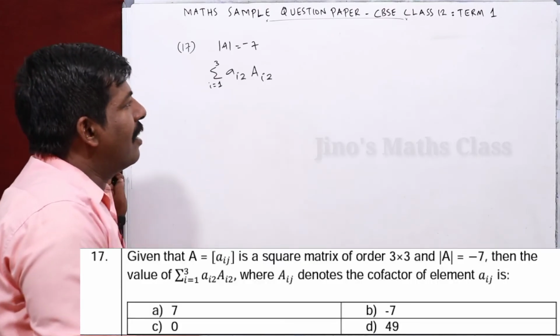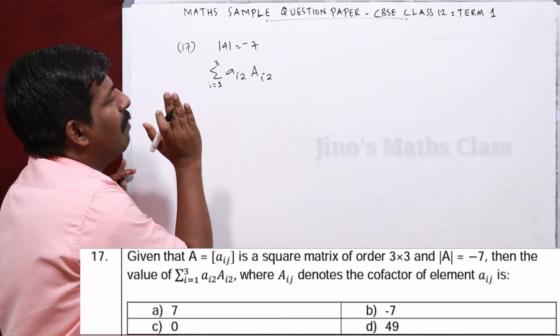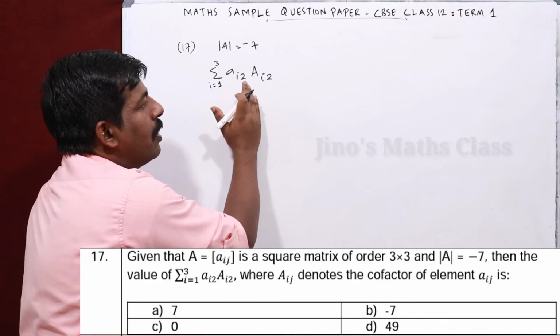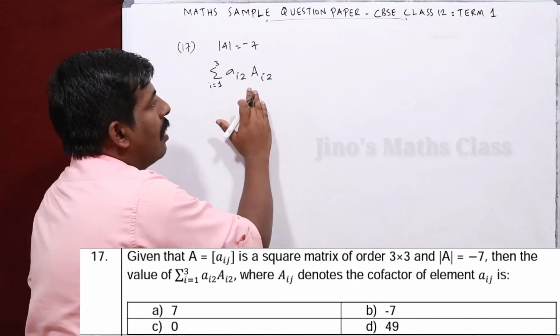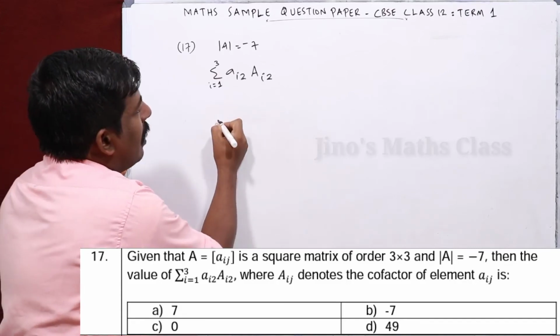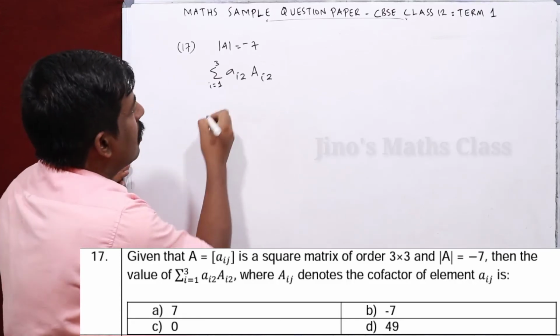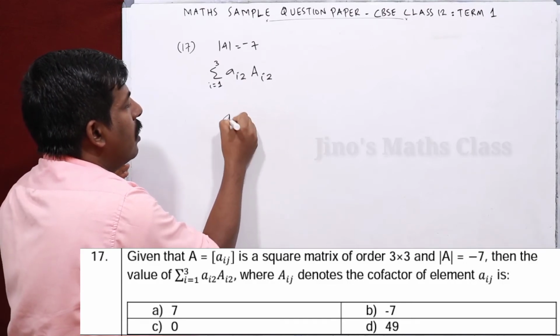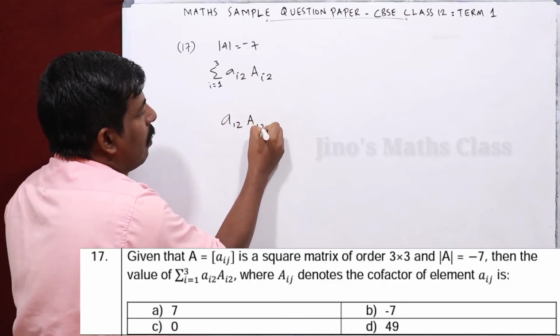17th question. Here we have to find the value of sigma i equal to 1 to 3 of a_i2 into capital A_i2, where capital A_ij represents the cofactor. Here we can give the values of i. So when i is equal to 1, this is a12 into capital A12.